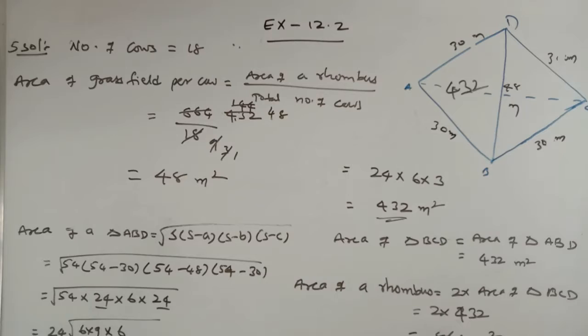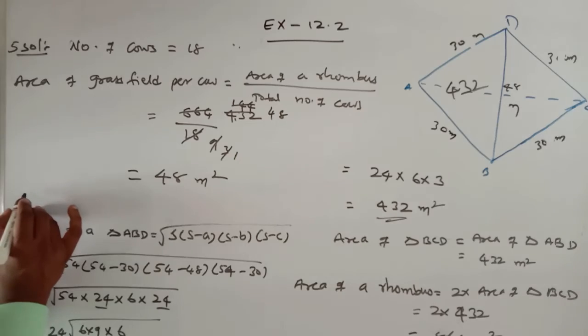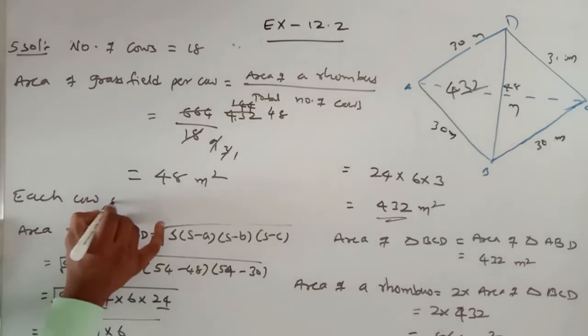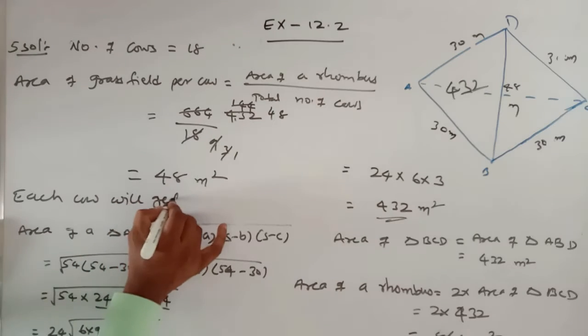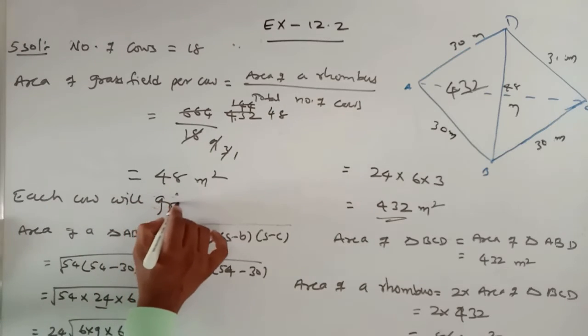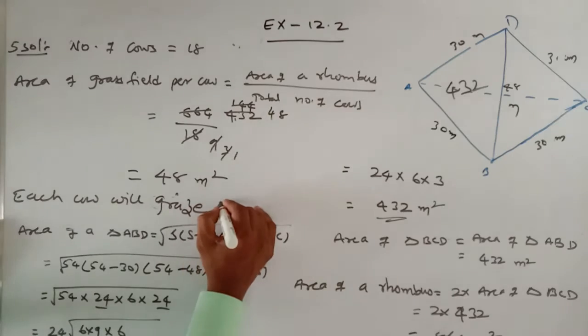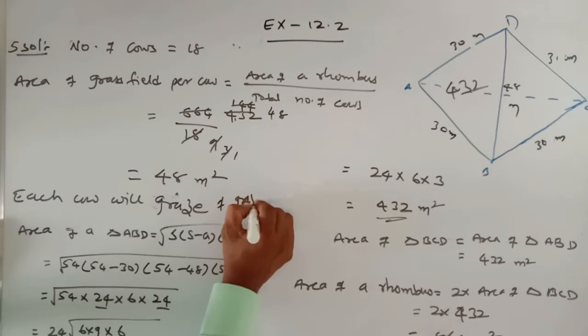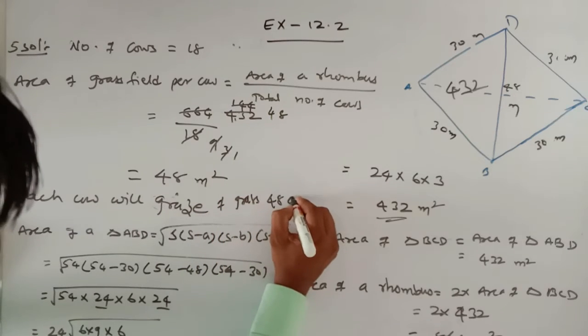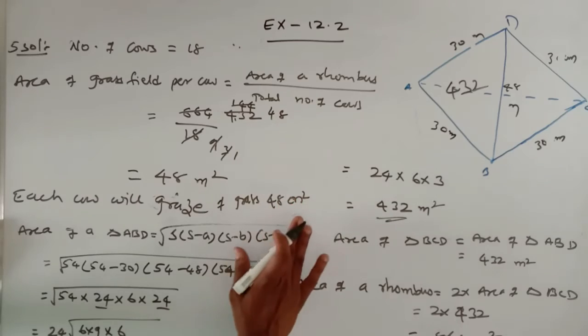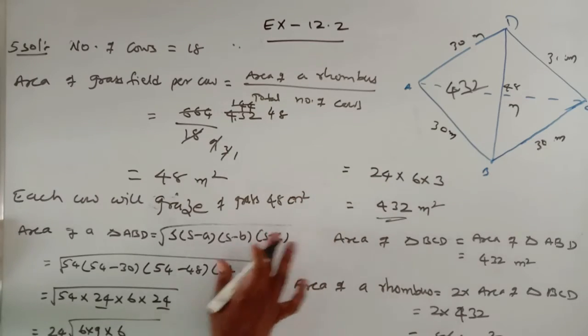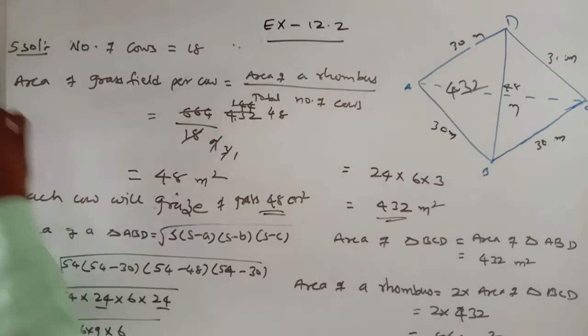Each cow is going to get an area of 48 square meters. Each cow will graze 48 square meters of grass. So this is the answer.